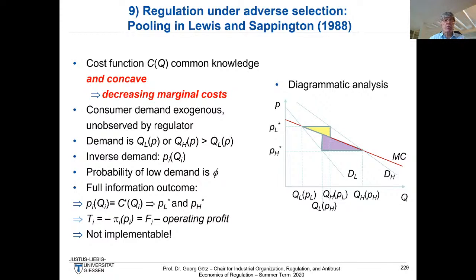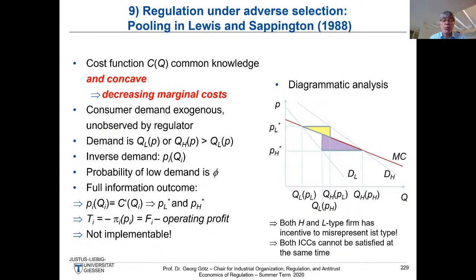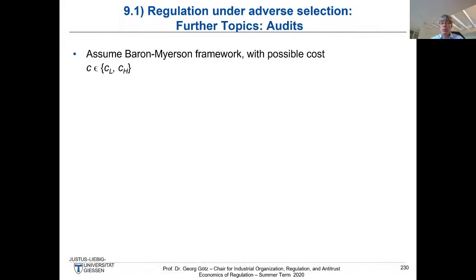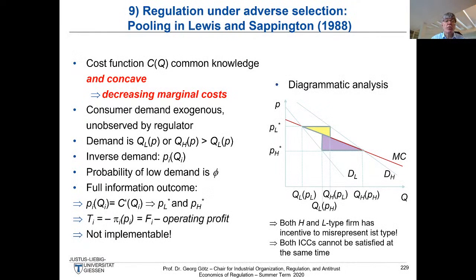In the notes I wrote this in detail in formal terms, but what you see is it's just not implementable. You get the wrong kind of deviation. Both high and low type have an incentive to misrepresent their type, and both ICCs cannot be satisfied at the same time. Actually, it was the only example I gave you.